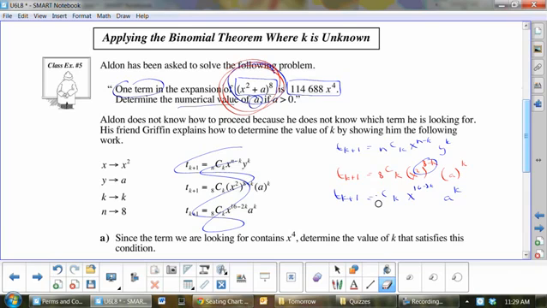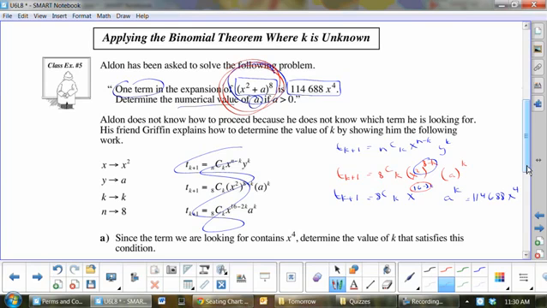Now, where do we go from here? Well, we know that whatever term this is, it does equal 114,688 x to the 4, right? Now, what is one thing we know for sure looking at this? X is going to be to the power of 4. That means that this has to be x to the 4th, doesn't it?